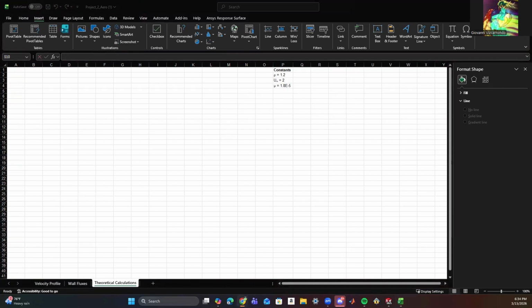I'm going to go back to the problem really quickly on my other screen. Okay, and so first you have to find the boundary layer thickness, right?